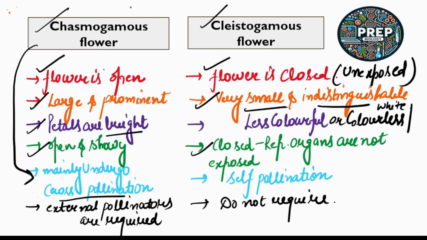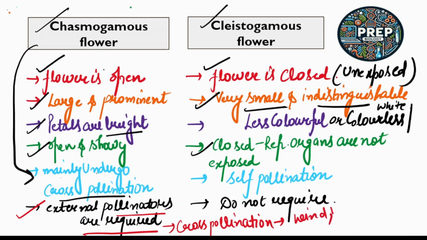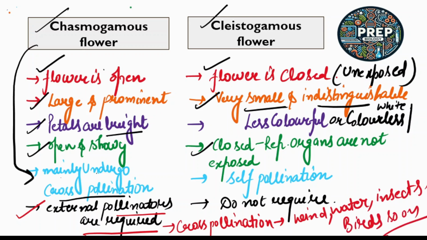Okay. Now the last point of the difference is that in chasmogamous flower, external pollinators or pollinating agencies are required. Why are they required? Because in chasmogamous flower cross pollination occurs. So different agencies like wind, water, insects, birds, and so on are required for the transfer of the pollens from one plant to another plant.